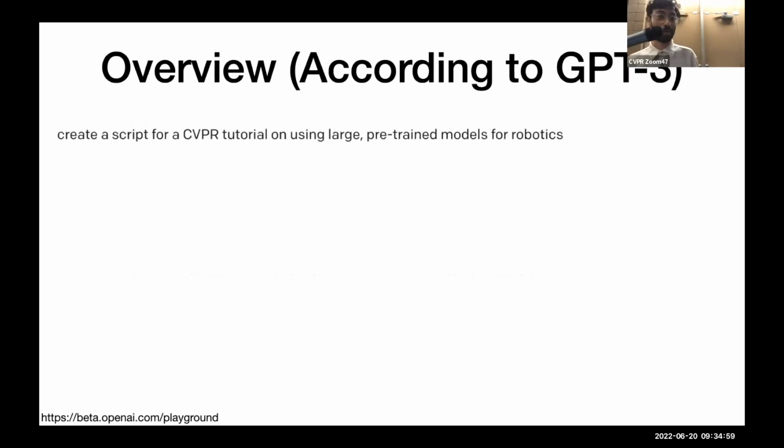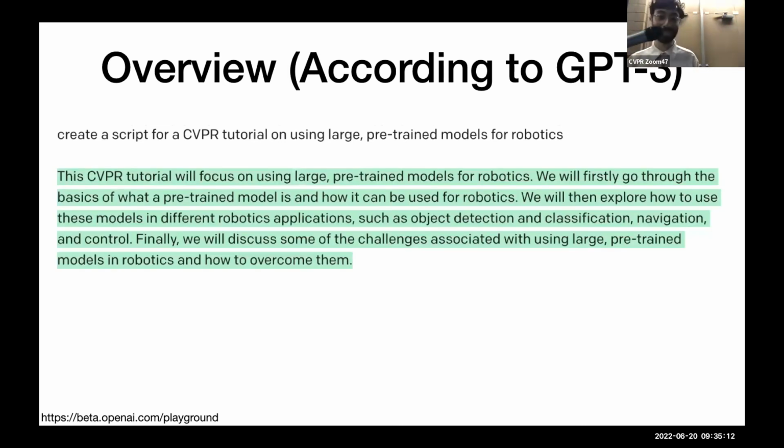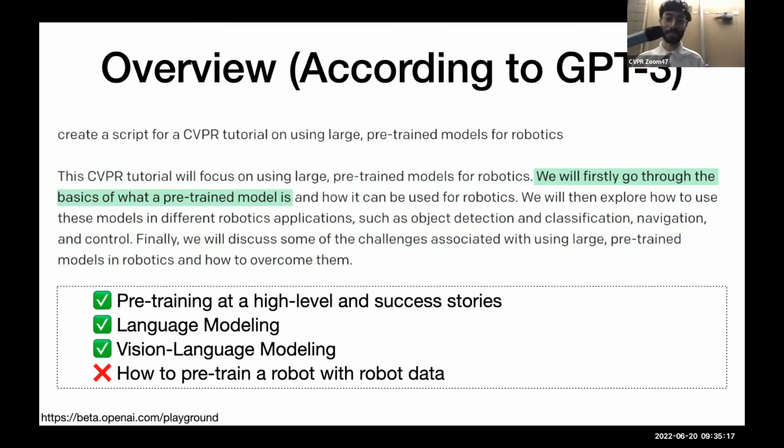Okay, so to start, as an overview of this talk, I decided to ask GPT what this talk would be about. I prompted it with the CVPR tutorial on using large pre-trained models for robotics. And this is what it gives me. I'm not going to read it, but it does roughly outline the talk, which is interesting. First I'm going to talk a little bit about pre-training at a very high level and share some success stories from both NLP and vision. What I'm not going to talk about is how to use robotics data in order to pre-train.